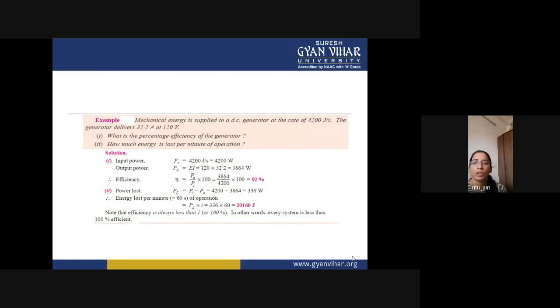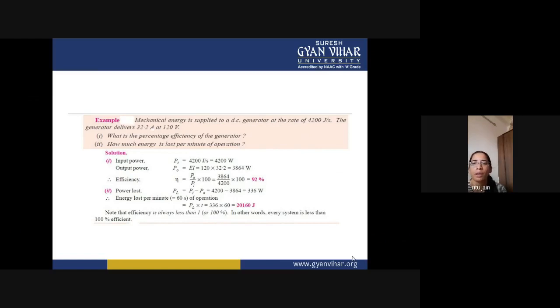Mechanical energy is supplied to a DC generator at the rate of 4200 joule per second. The generator delivers 32.2 ampere at 120 volt.